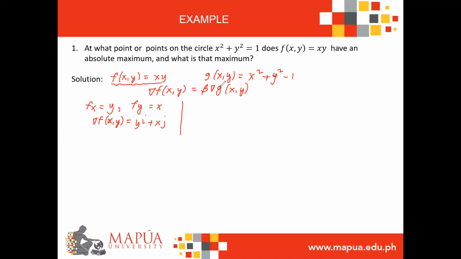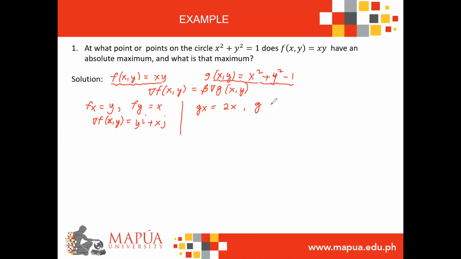Then let's define also gradient g of xy from this given equation. Let's get the partial derivative of the given function with respect to x. The derivative of x squared is 2x. Y squared is 0 because that's constant, and negative 1 is also constant. So the partial derivative with respect to x is simply 2x.